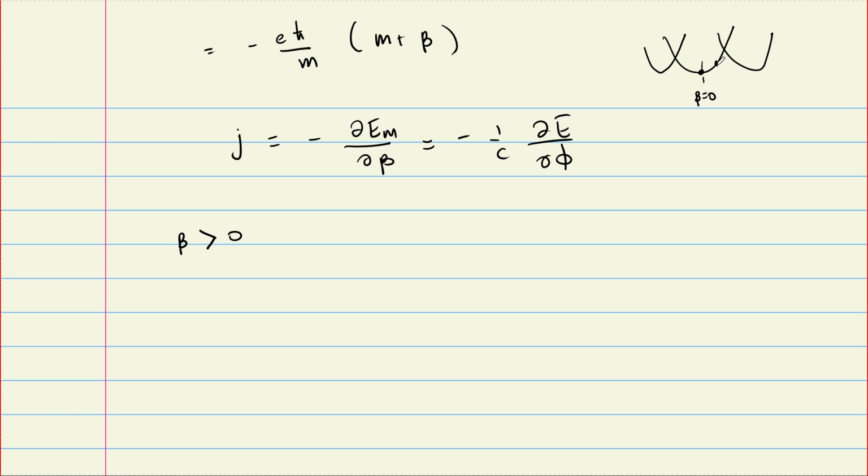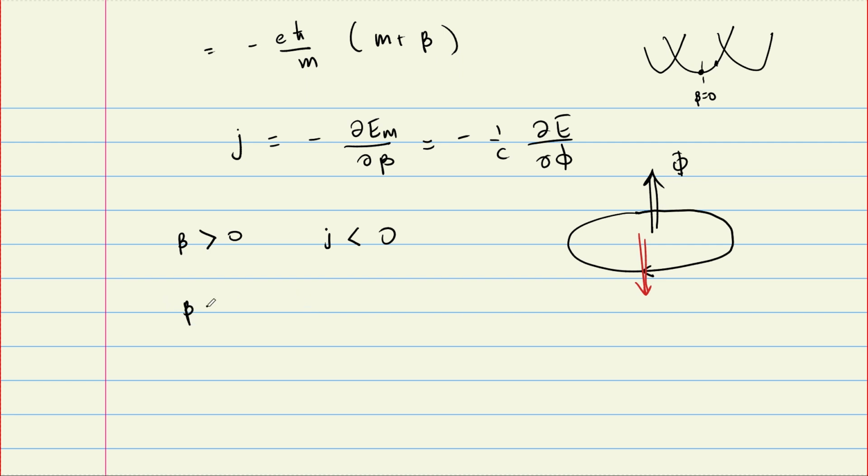Then we are going to be on this point, and that means j is going to be less than 0. And if j is less than 0, there's a flux, and the current is in the other direction. This is the external flux, but the current of the electron is going to generate its own flux, and it's going to be against the external flux.